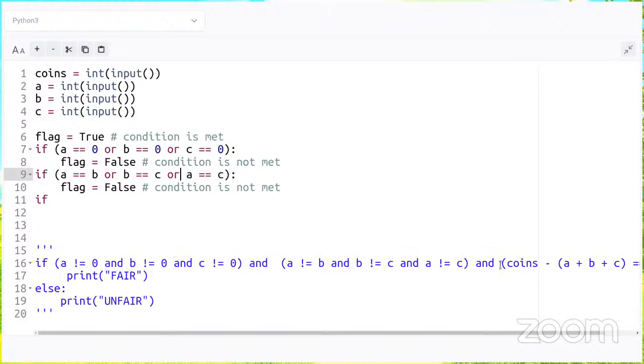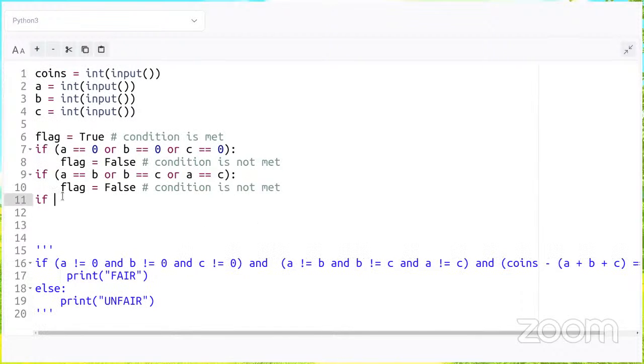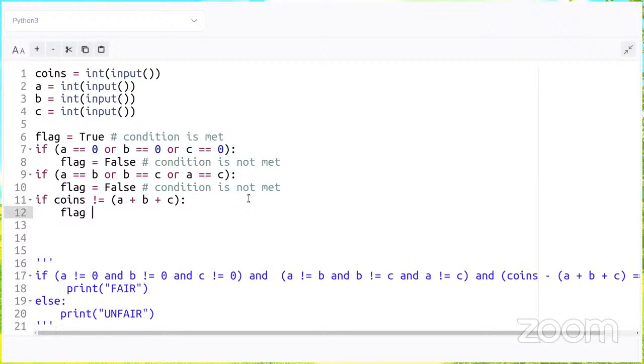And then we have this one. What does this say? If coins is not equal to A plus B plus C, then also my condition is not met.